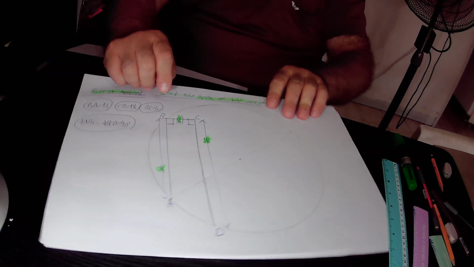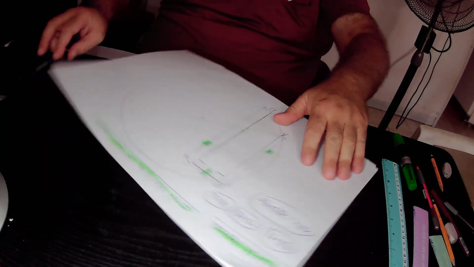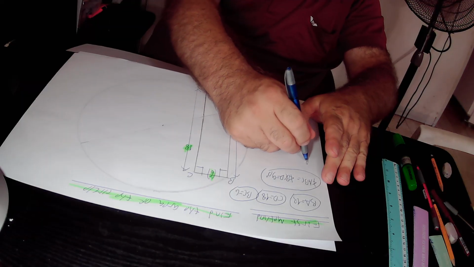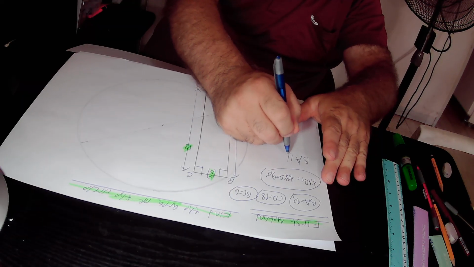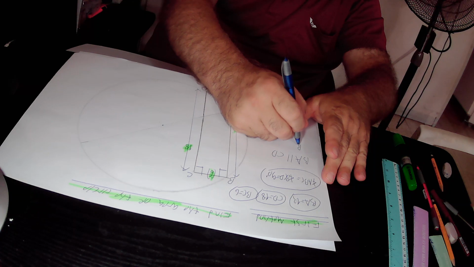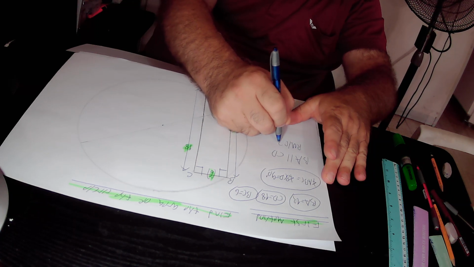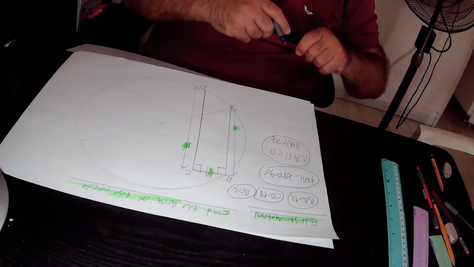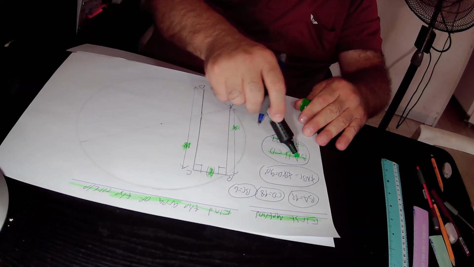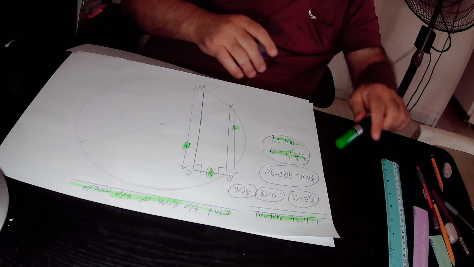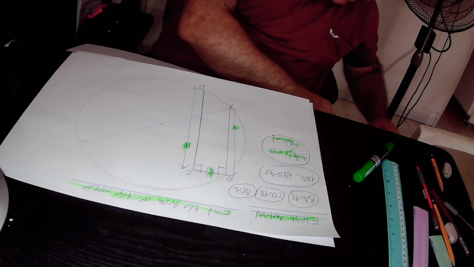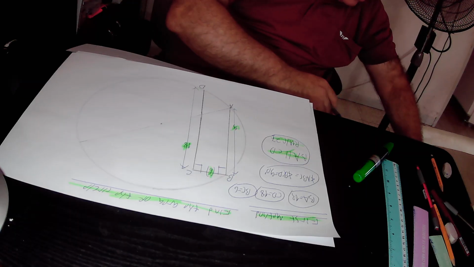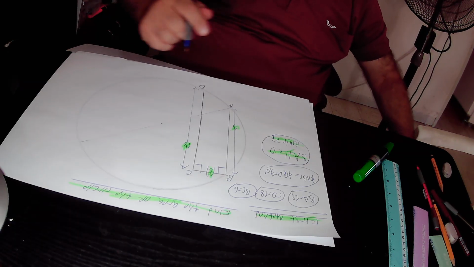So chord BA is parallel to line CD according to rule 7. In the next step, we define the center of this circle.